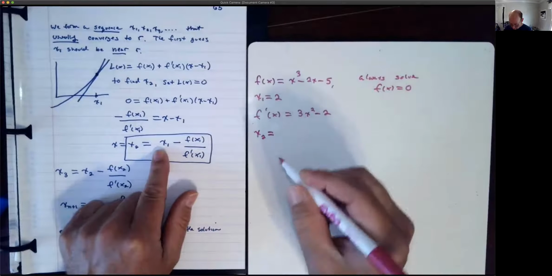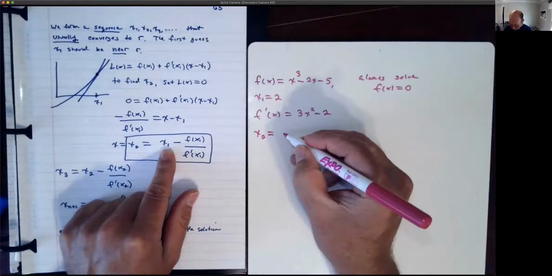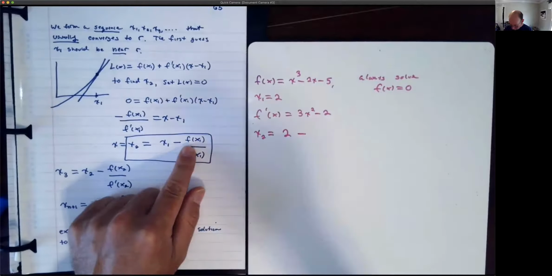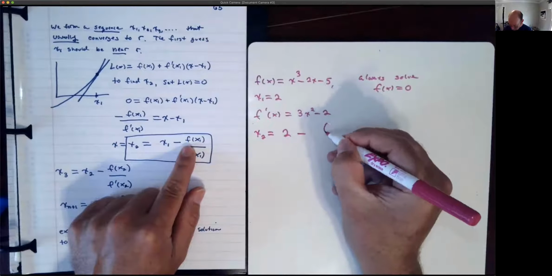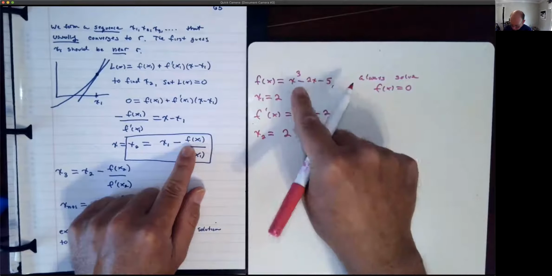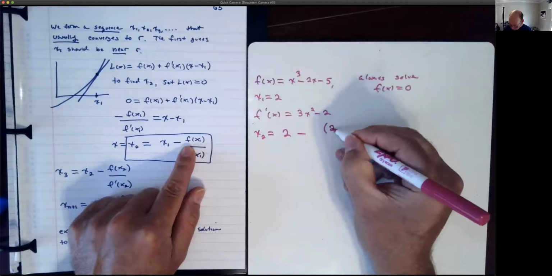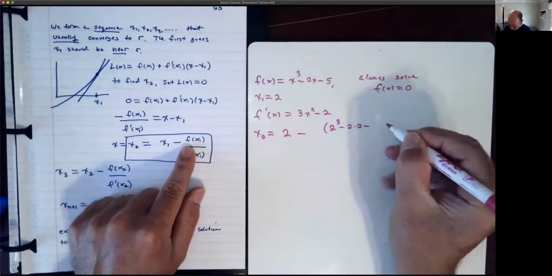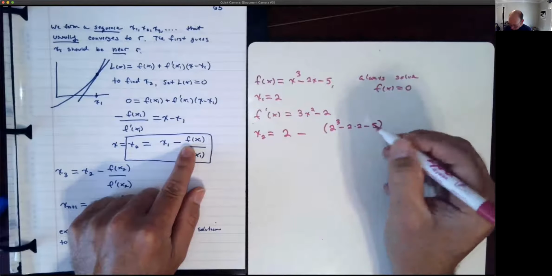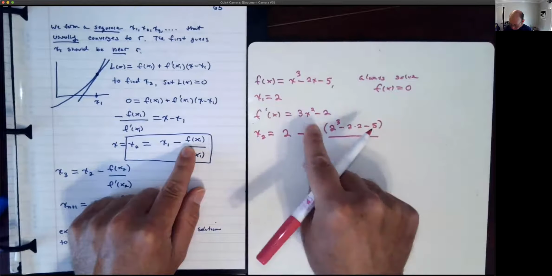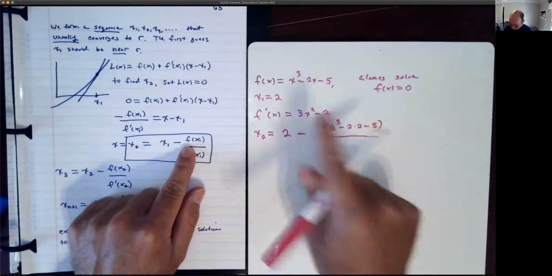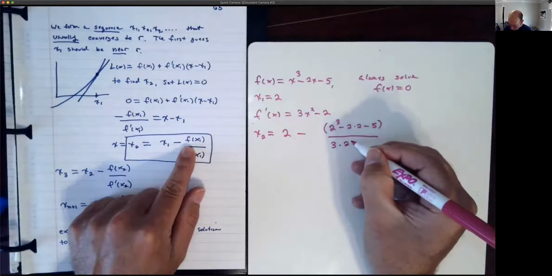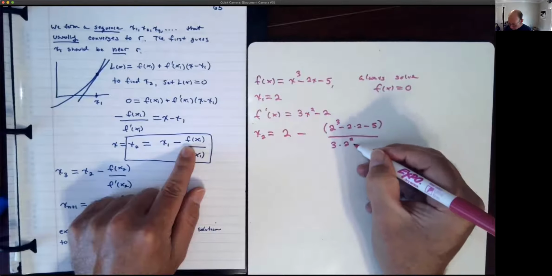So x2 would be x1, which is 2, minus f of 2. So it's plugging in 2 into the original function, 2 cubed minus 2 times 2 minus 5, all divided by the derivative at 2, so 3 times 2 squared minus 2.